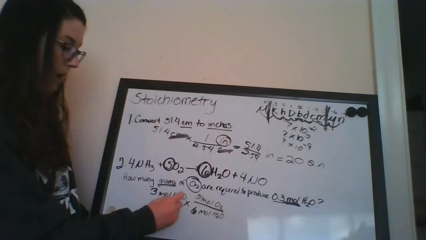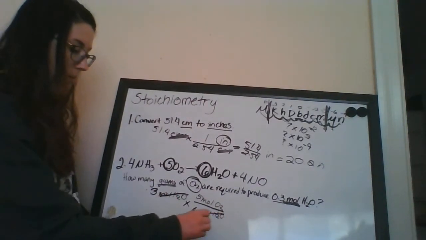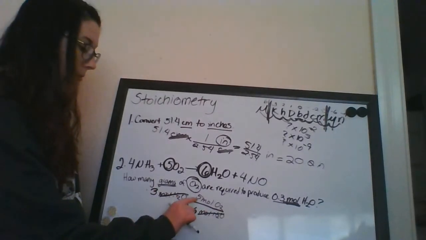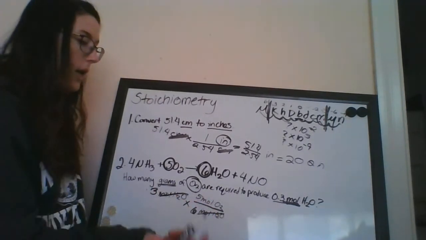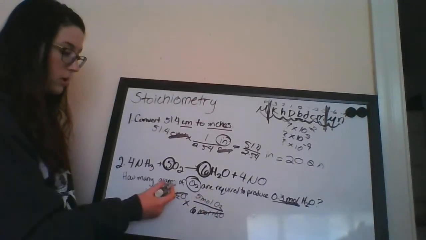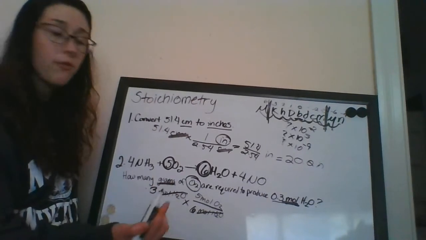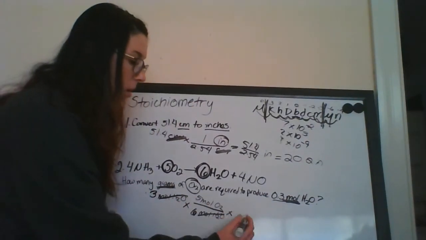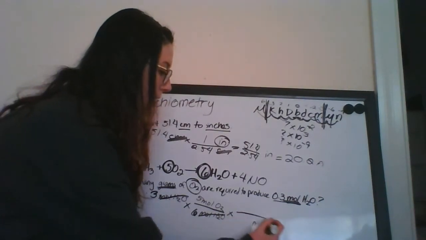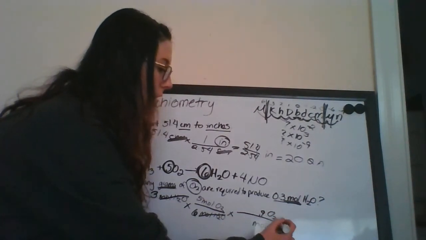Now, that would cancel out moles of H2O and moles of H2O. So you're left with 0.3 times 5 moles of O2. Now you want to switch moles of O2 into grams because that's what it's asking for. So you're going to put moles of O2 on the bottom and grams of O2 on the top.